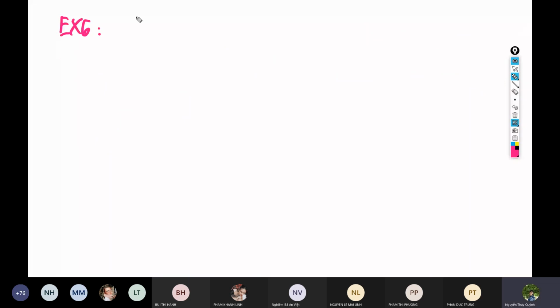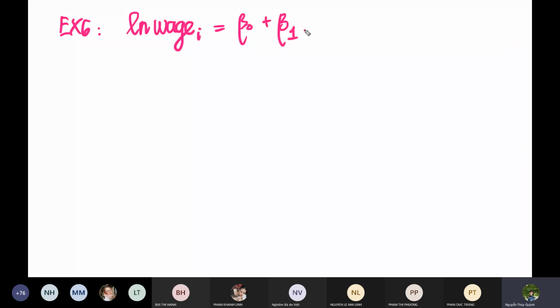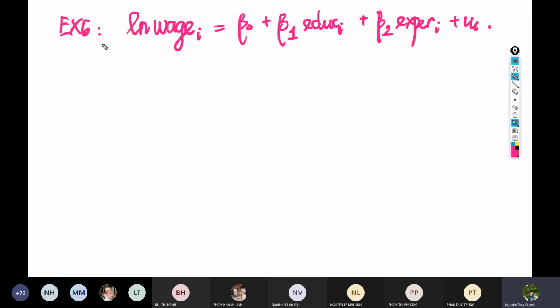All right, so we have the natural logarithm of wage as the dependent variable, and we have experience and education as the independent variables. We have beta 1 times education and beta 2 times experience, plus u_i. That is the population regression model.